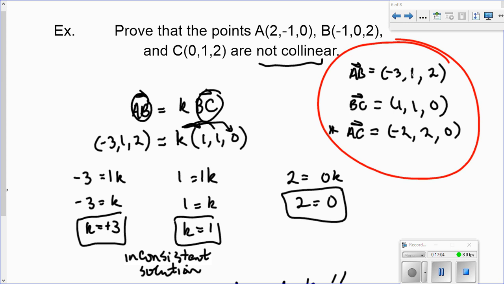When there's a lot of 1s and a lot of 0s, chances are there's no way I can get some of these things. BC and AC are close, right? It almost looks like it's multiplied by 2, but this little negative sign throws that off.